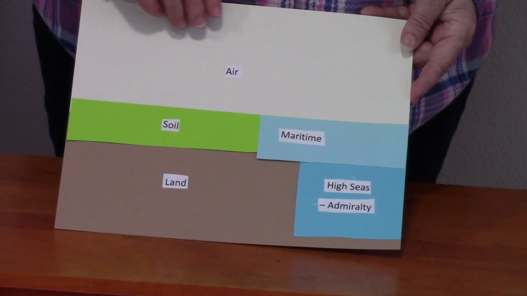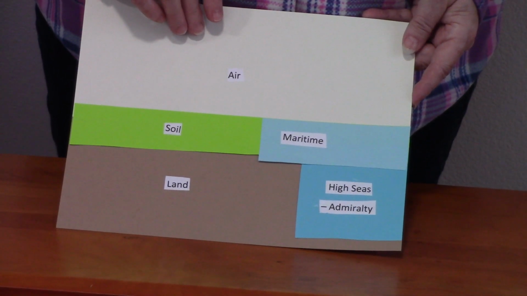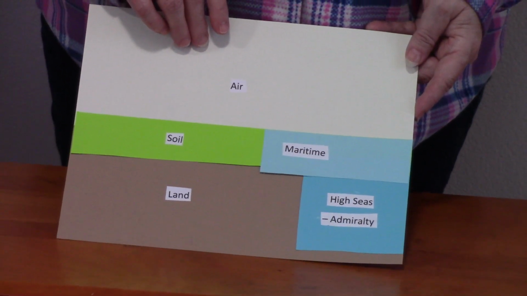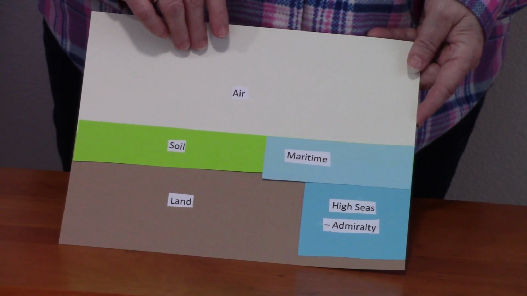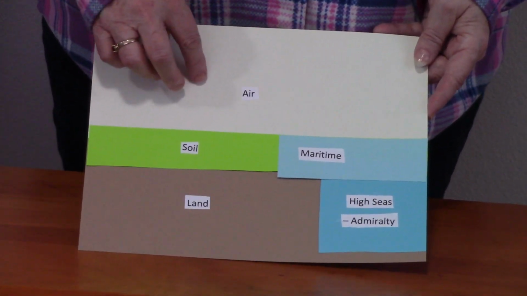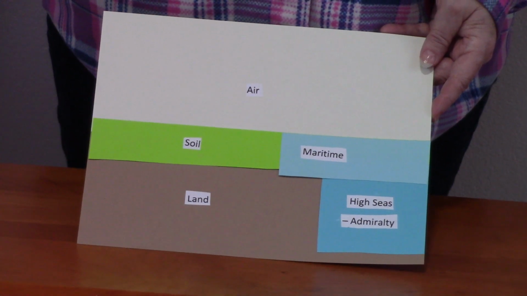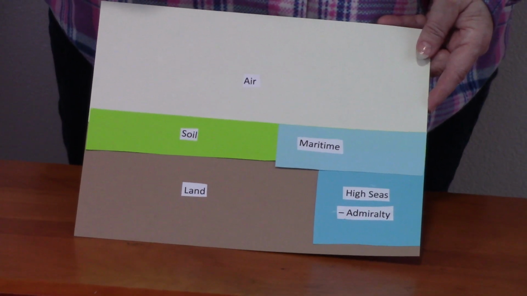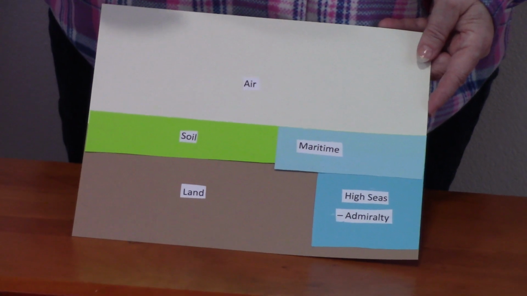Now the different forms of law in the jurisdiction of the air include canon law, ecclesiastical law, ecumenical law, all those sorts of things, as well as law that deals with things like patents, ownership of copyrights and things of that nature.